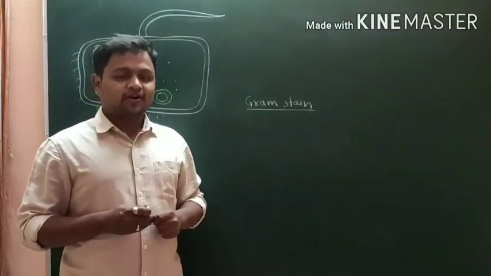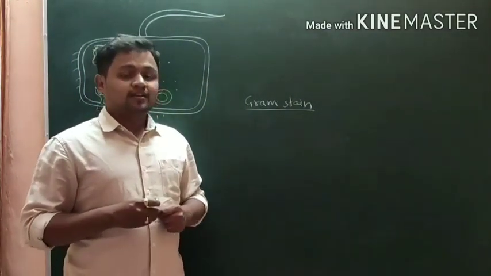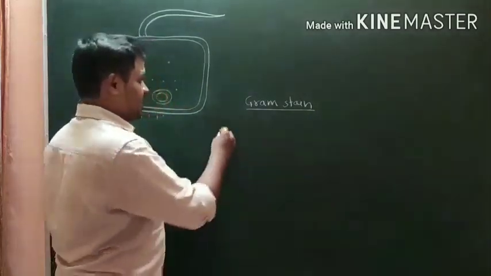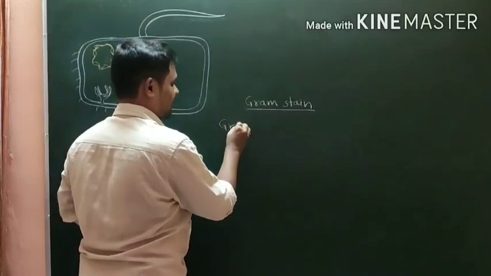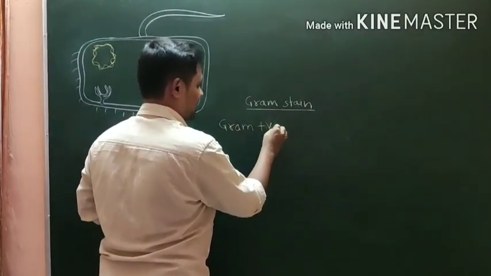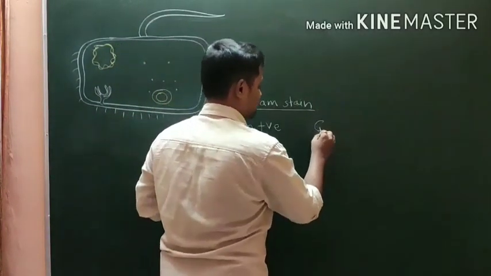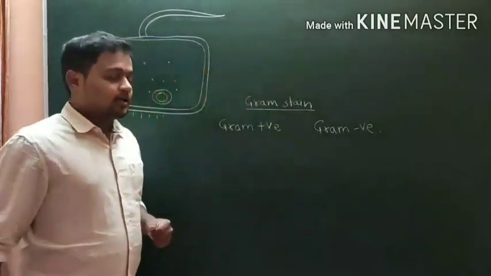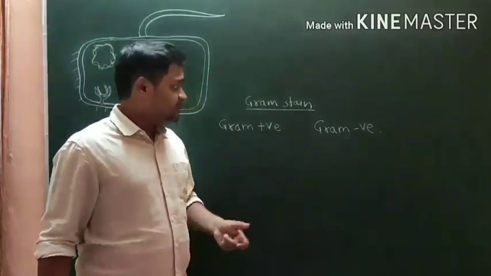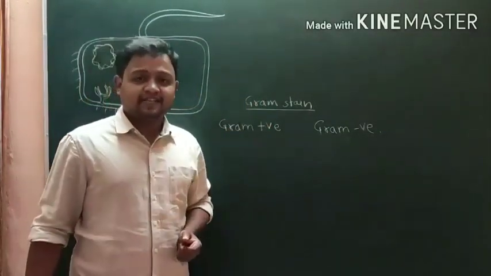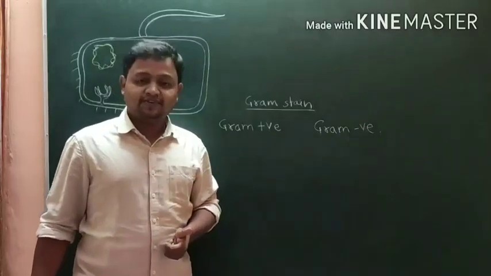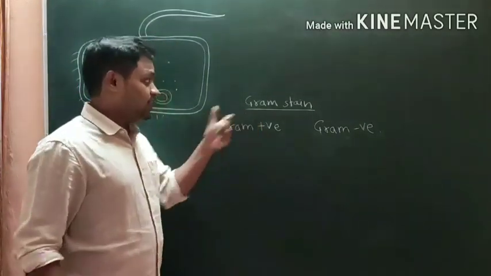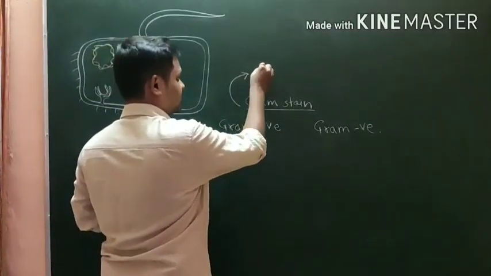During the discussion of bacteria, there is a division of bacteria into 2 main types: gram positive and gram negative bacteria. This division takes place with the help of Gram stain. This staining procedure was first given by the scientist Christian Gram, and he used the stain crystal violet.